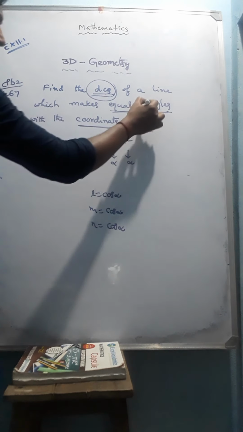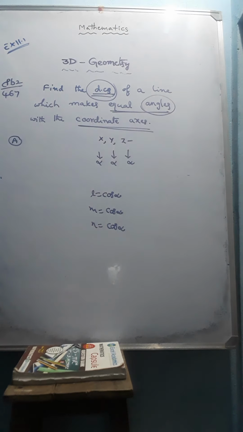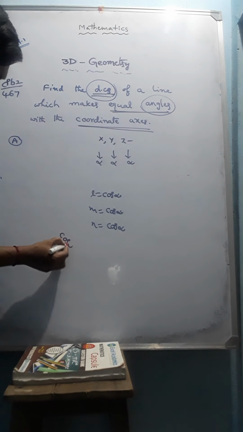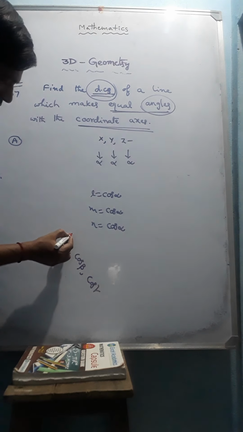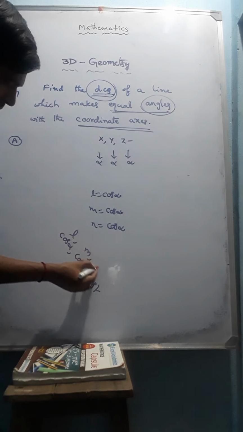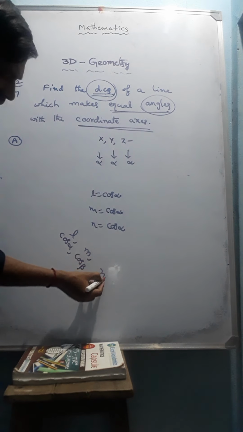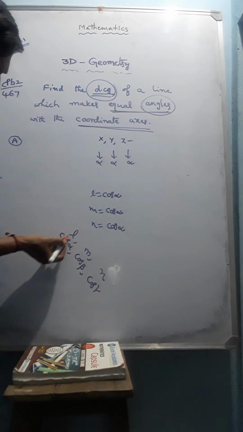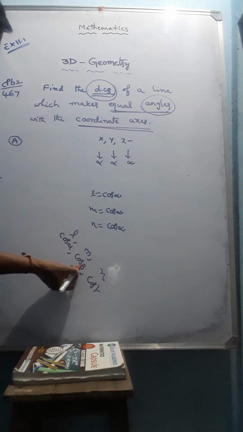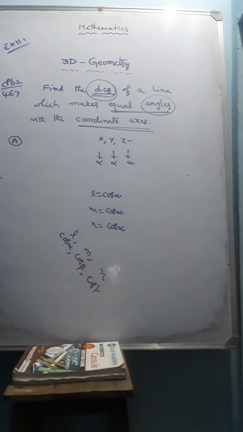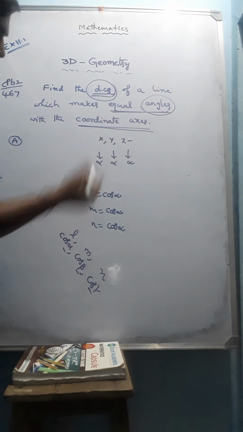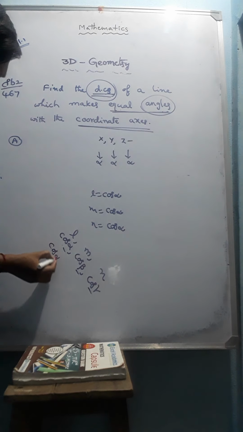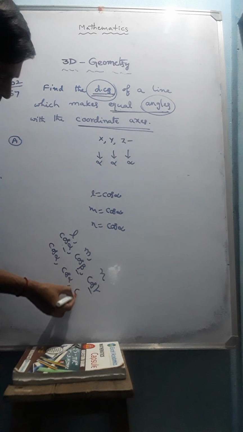When an angle is given in the problem, definitely you should use this formula only: cos alpha, cos beta, cos gamma, that means L, M, N. L, M, N means direction cosines. So these values are cos alpha, cos beta, cos gamma. But here all angles are equal, so you can take cos alpha, cos alpha, cos alpha.